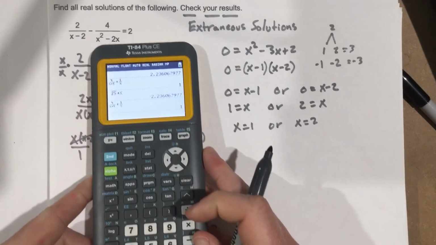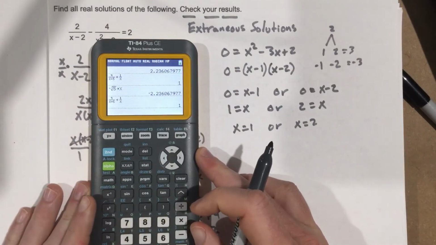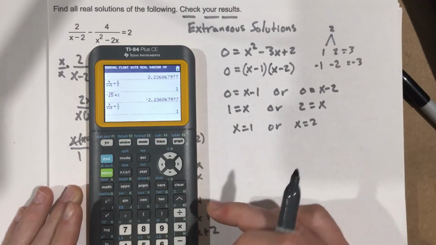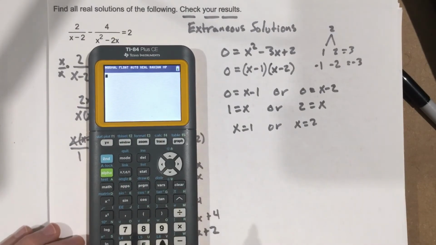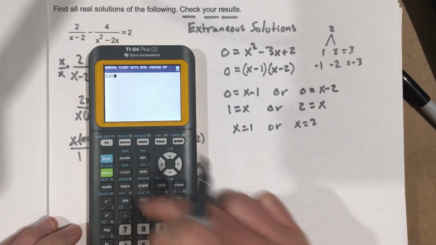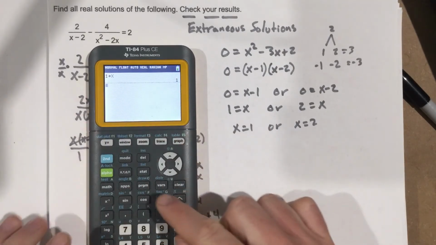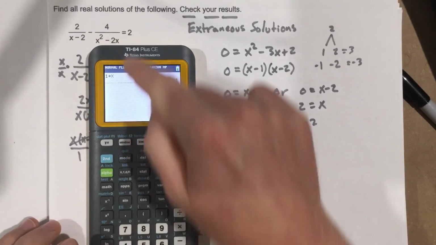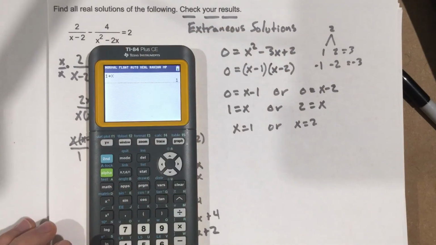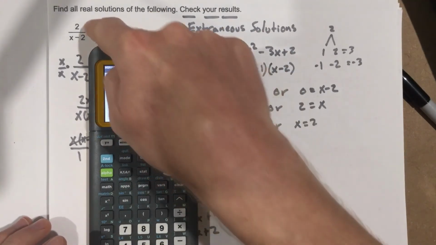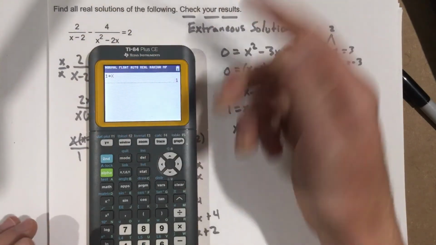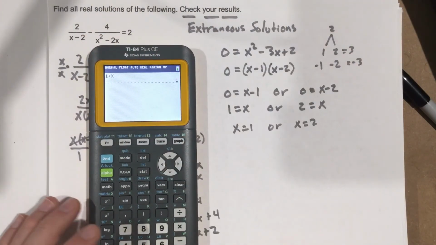So we'll pull out the calculator because it's the easiest way to do this problem for checking answers. And we're going to say 1, store it as x, and then I'm going to type in the entire equation except for the equals 2 part. Because when I plug in 1 into this part, if it's 2, then I know I have a solution.